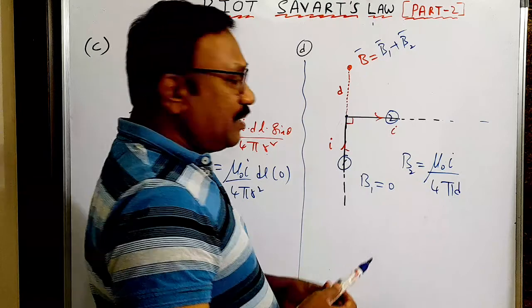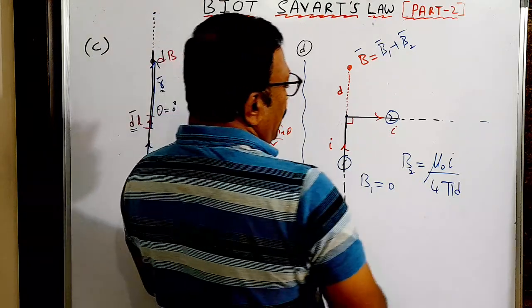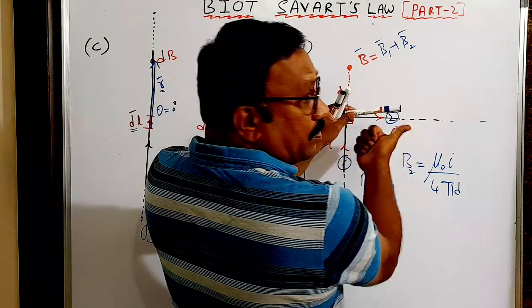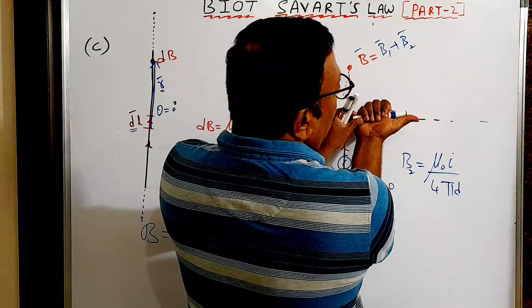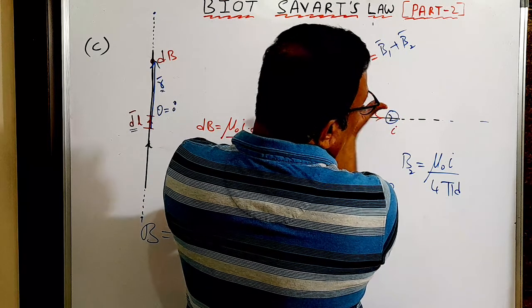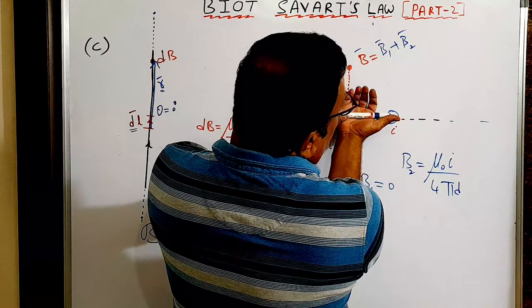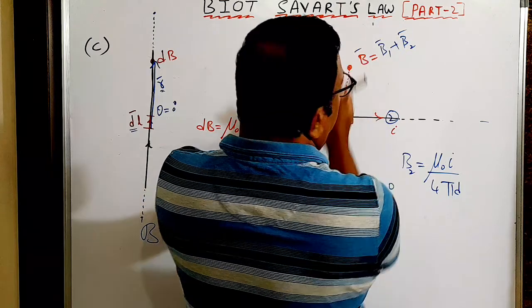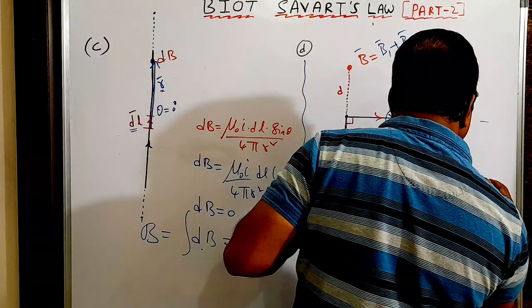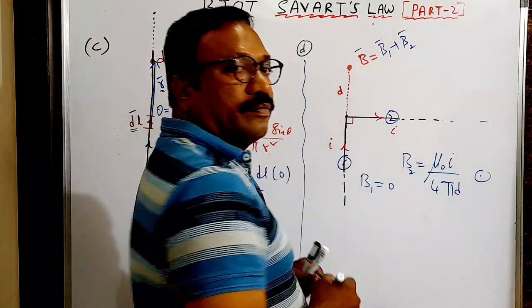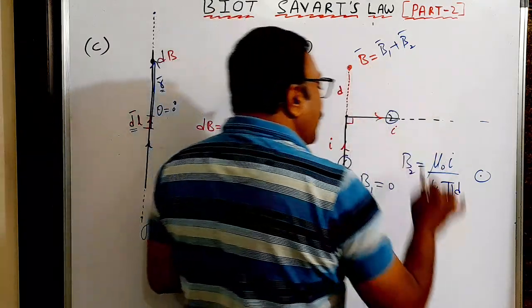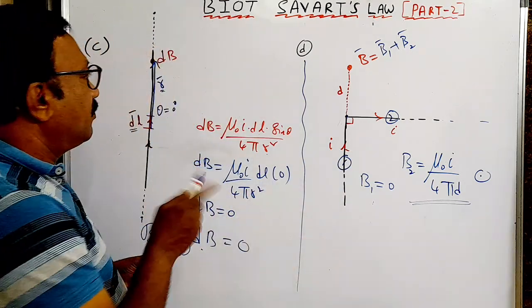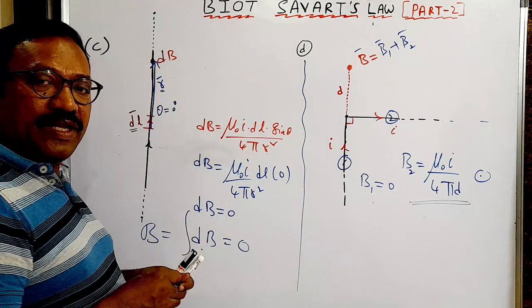Inward or outward? See, let me apply the right hand thumb rule now. Thumb is indicating the direction of current. Then I want the magnetic field here, so it is outward. So the magnetic field at this point is now this much because the other is 0. Like this we are applying these formulas here. Take down, we'll go to the next cases now.